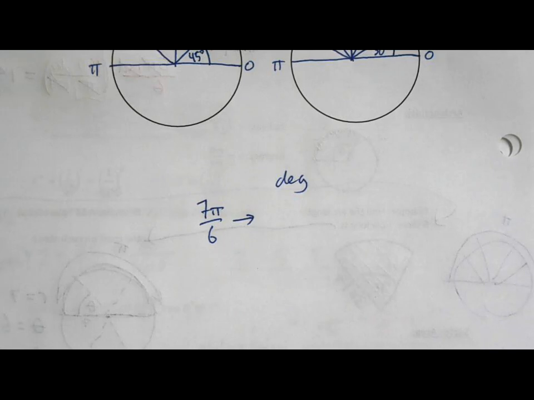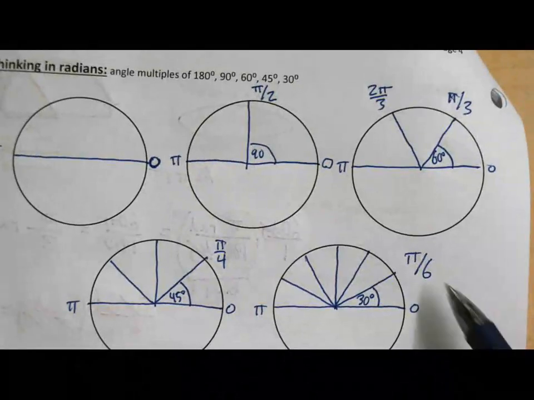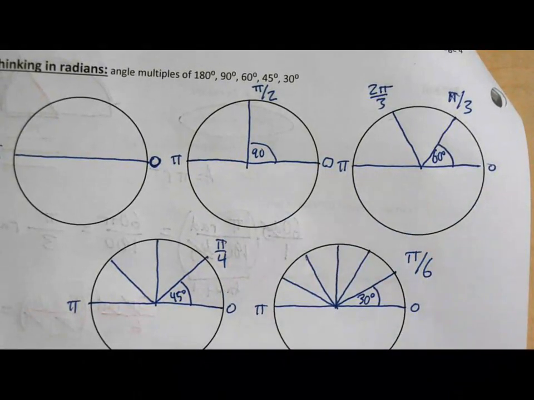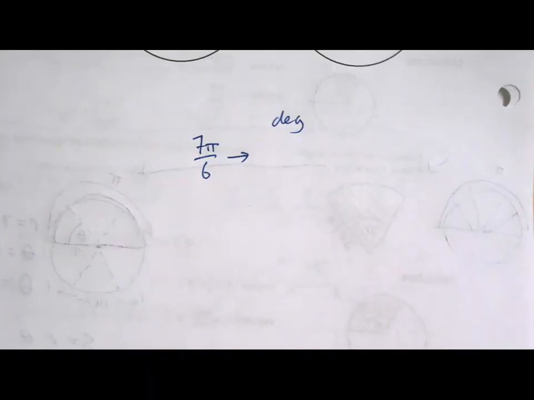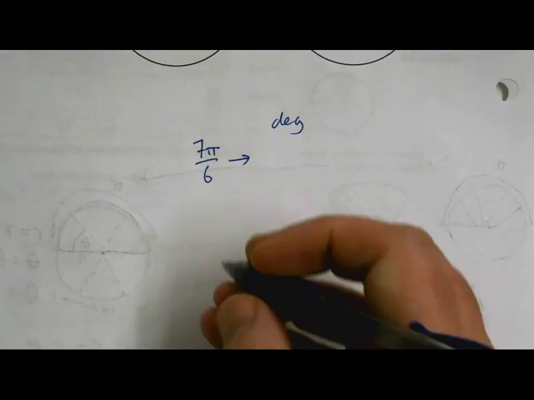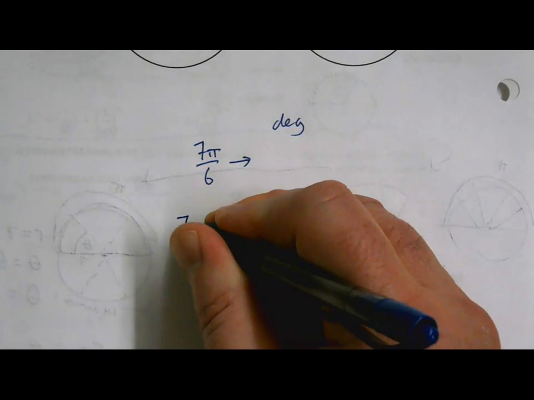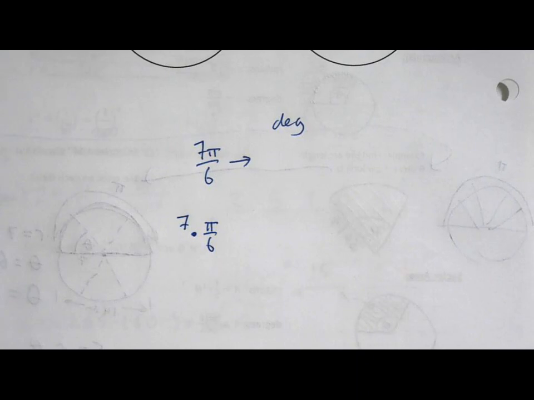And you might consider this if it's one of these familiar ones. So these familiar angles are going to have denominators of 6, 4, 3, and 2. So anytime you see a radian that has a denominator of 6, 4, 3, and 2, you should be able to do this. I would think of this as, what's kind of my base angle here? My base angle is pi over 6. I would think of this as 7 times pi over 6.